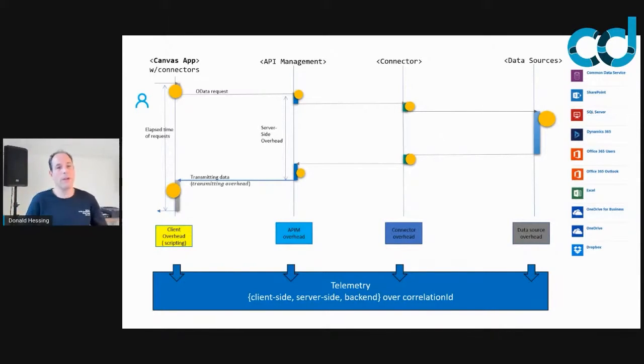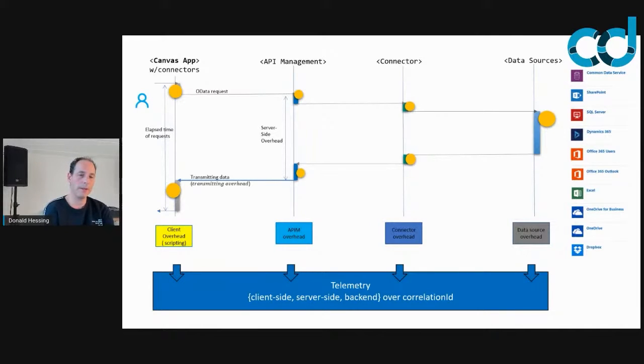Then the call is made to the actual implementation of the connector, so the OData servers. That translates the request into a request to the data source. The data source is where the majority of the time should be, retrieving the data, and then the connector needs to process the response from the data source back to an OData response, back to the API management layer.